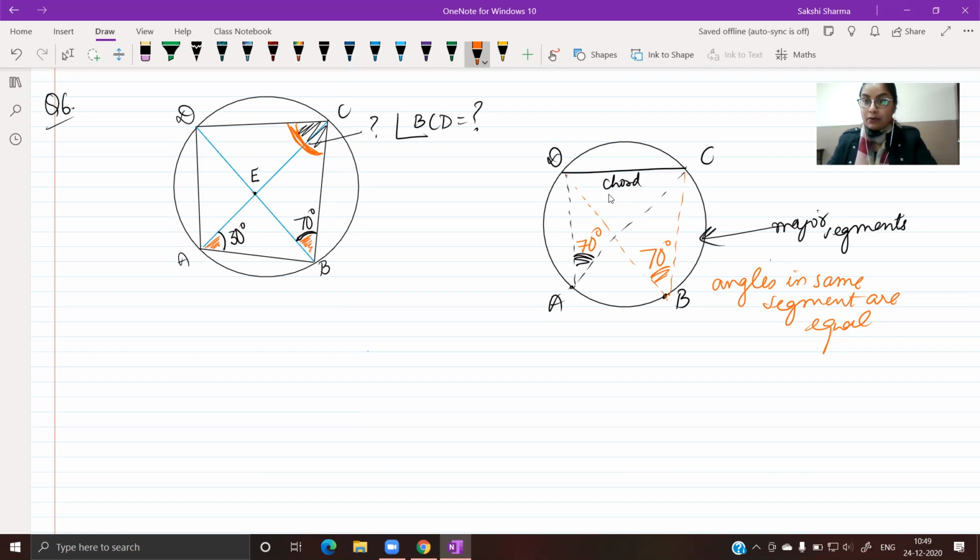This is one possibility. The other possibility is if you focus on chord BC. This chord subtends an angle at A. This is 30 degrees. The same chord is subtending another angle at D. These two angles will also be equal.